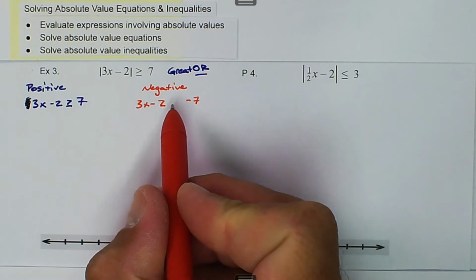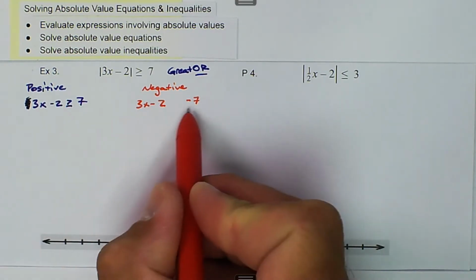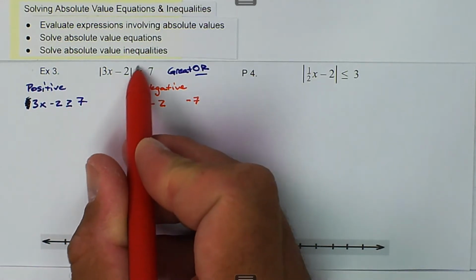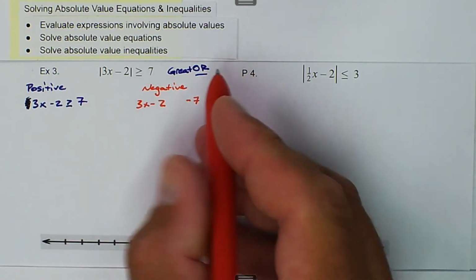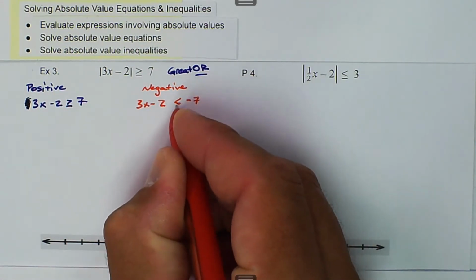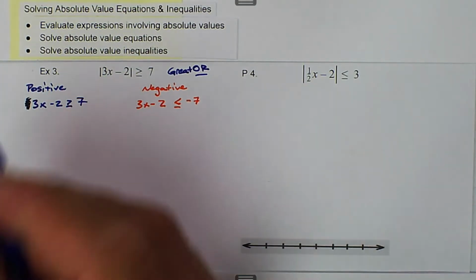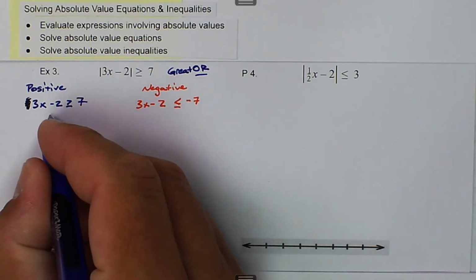When we change the sign, that's like multiplying by negative. So whenever we multiply or divide by negative, we have to change the direction of the inequality sign. So we have to make sure we change that sign there. And then we just solve these two inequalities, same way that we would any other.